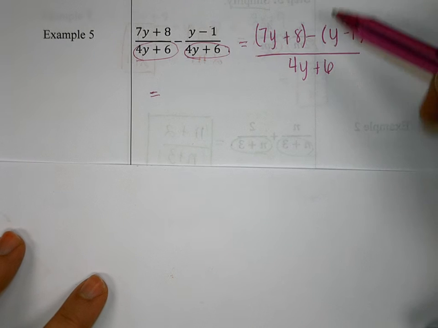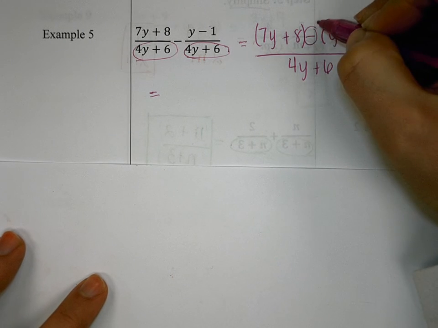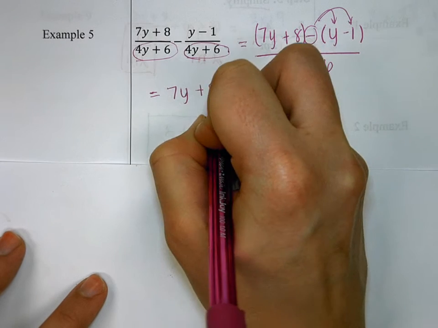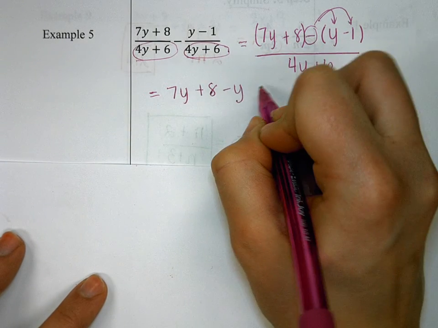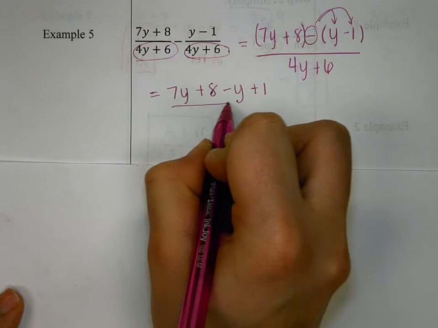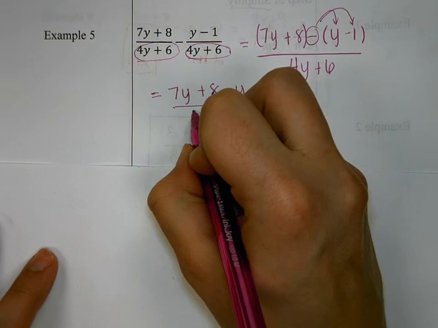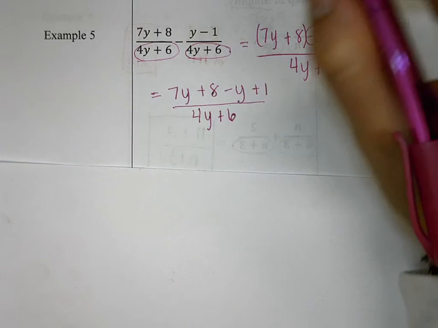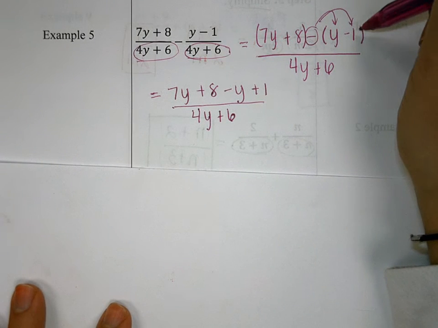What do I do with that negative? Distribute. Good, distribute. So that's going to give me 7y plus 8 minus y plus 1 all over 4y plus 6. Okay, so remember to distribute the negative to both terms.